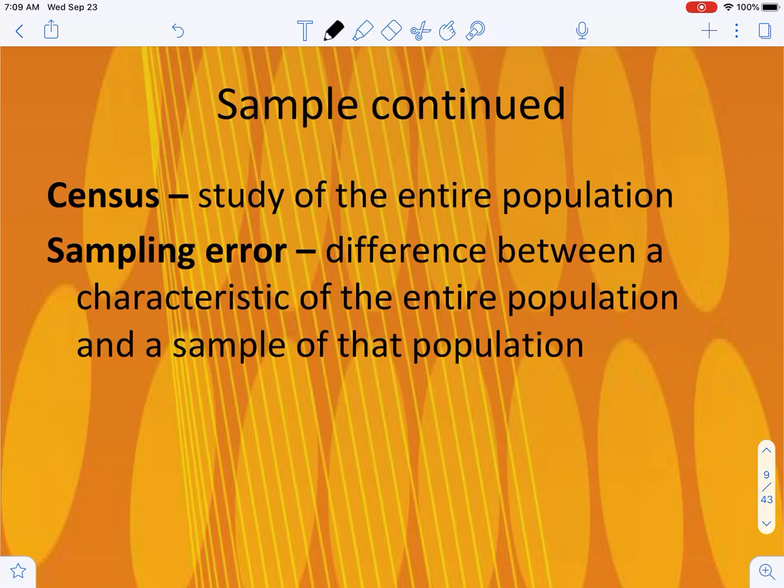Okay, so the sampling error is the difference between the characteristic of the entire population and that of the sample. When you think about this, there's always going to be a difference between the population and the sample. They're never going to match up.